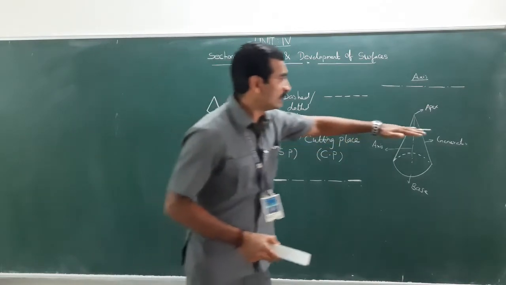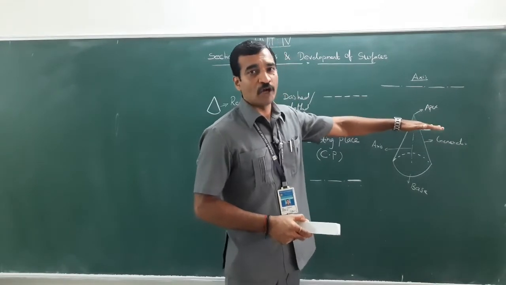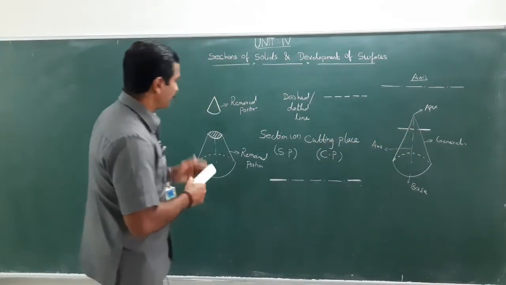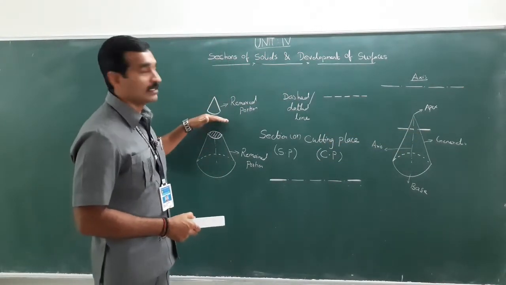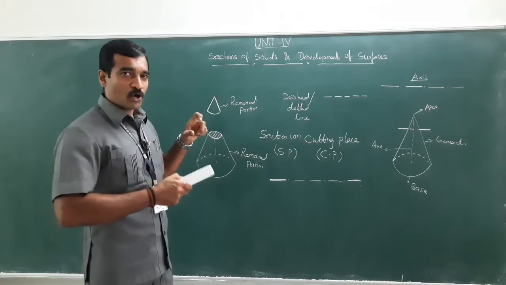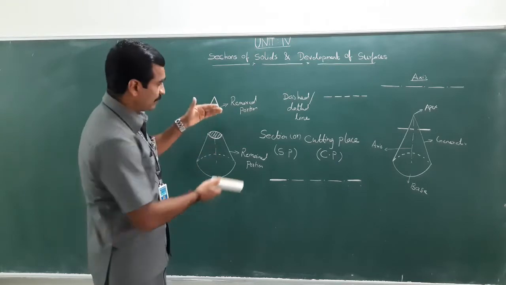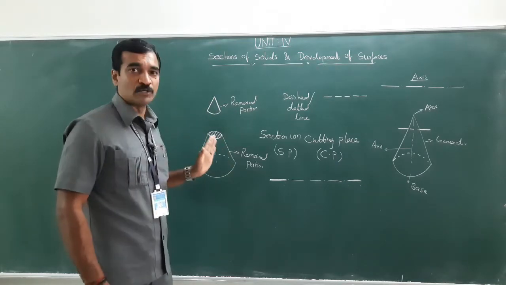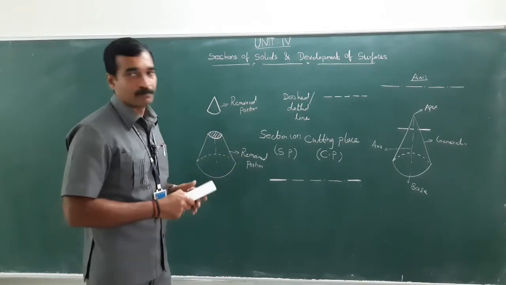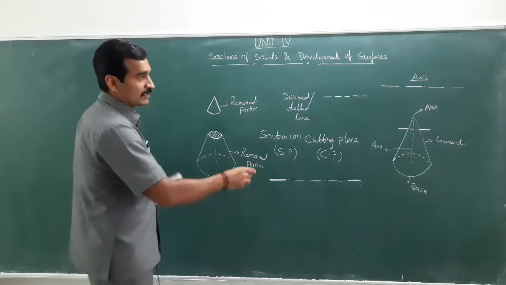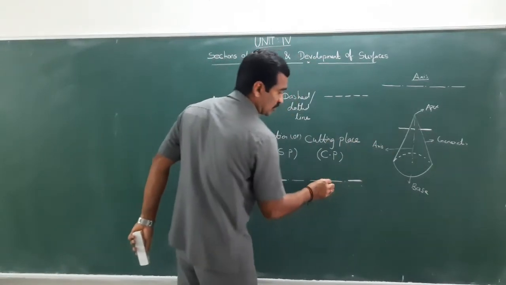Sectioning is nothing but cutting the solids, right? And the removed portion is the minimum amount, and the major portion is assumed as the remained portion. This is how you have to show the sectioning.